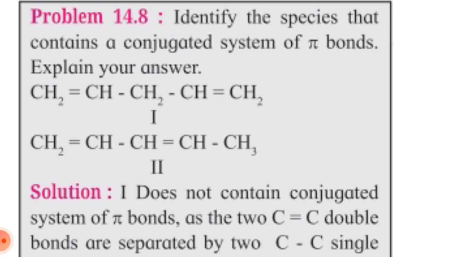Problem 14.8. Identify the species that contain a conjugated system of pi bonds. Explain your answer. Part 1: CH2=CH-CH2-CH=CH2. Part 2: CH2=CH-CH=CH-CH3.